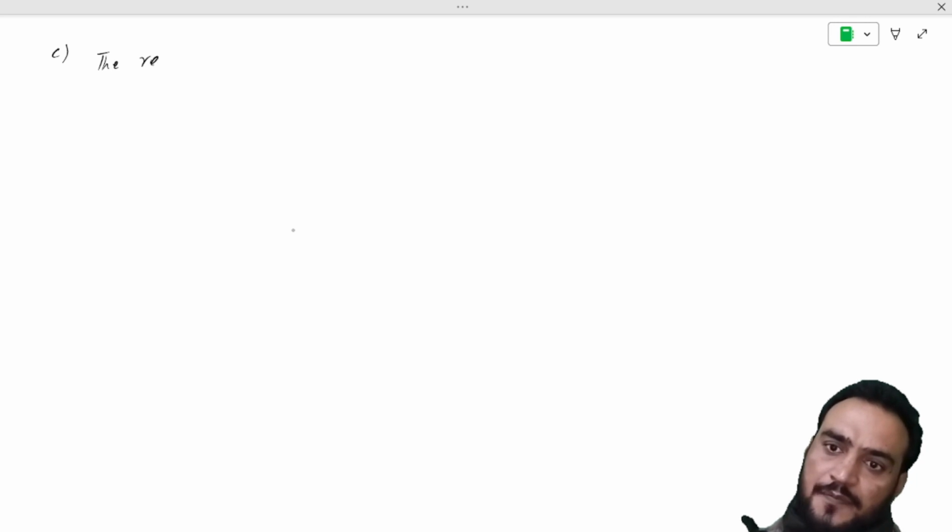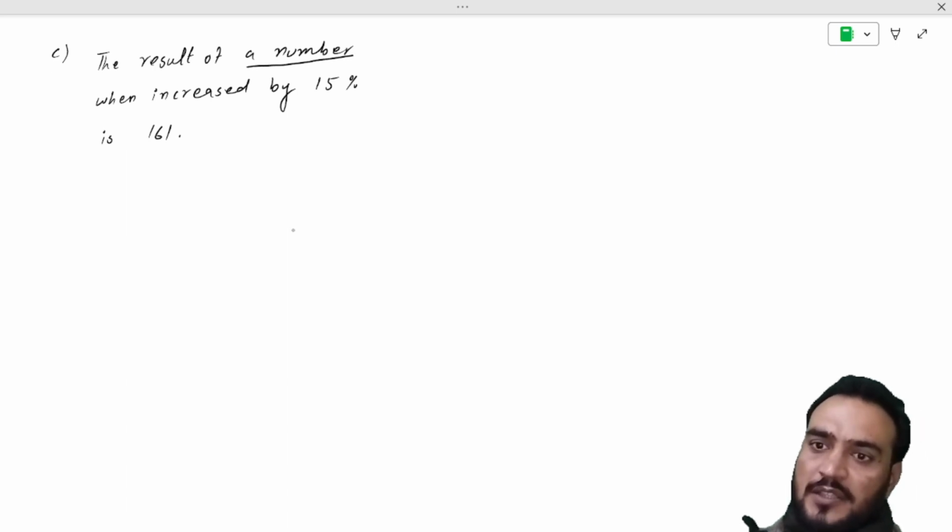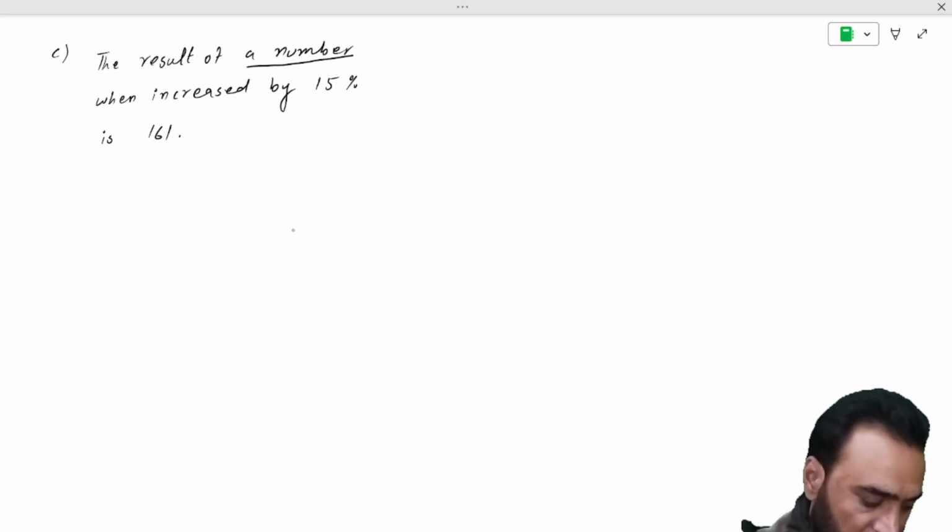So we have to find that number whose result when that number is increased by 15% is 161.